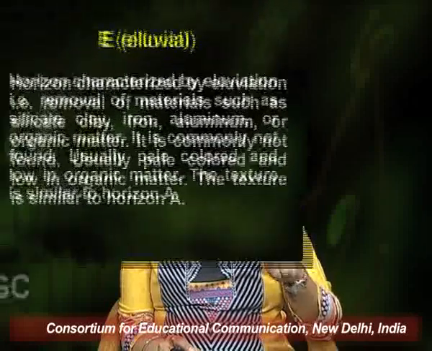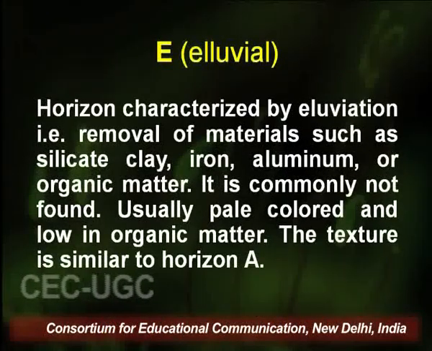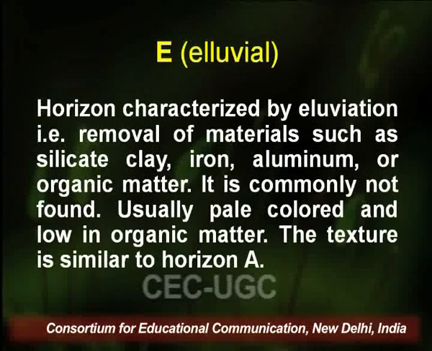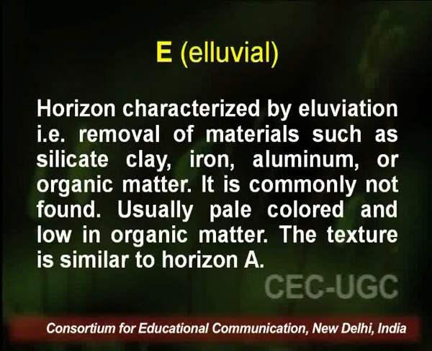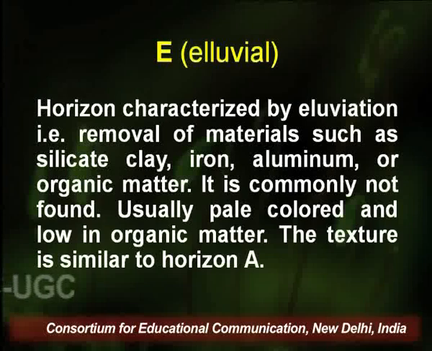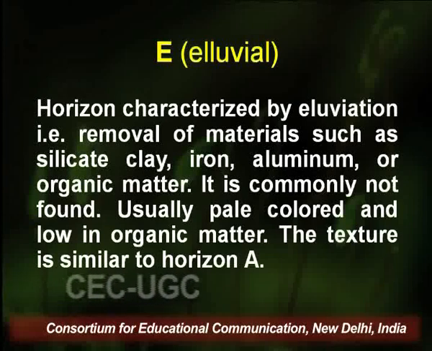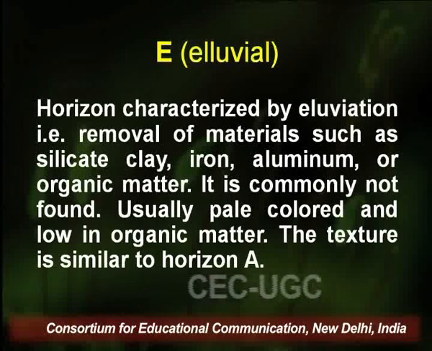And how does it happen? It happens by the removal of materials such as silicate clay, iron, aluminium, organic matter. It is commonly not found. Usually it is pale colored and low in organic matter. So the texture of it is similar to horizon A, but it has leached materials, that is silicates, etc.